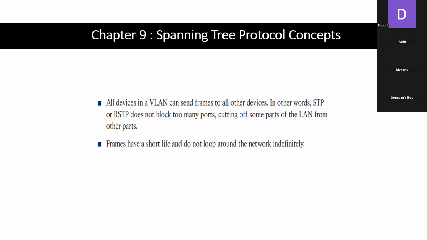We would have an infinite period of frames passing from people's PCs into the switches that are then looping, from switch to switch to switch on those redundant links. And if we have loops, then what do we have? We have a broadcast storm, right?